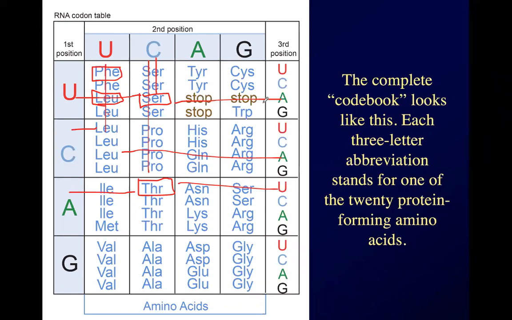And those, again, basically don't stand for an amino acid. They say, okay, stop putting amino acids together, end translation. And that's what we call the genetic code. There you've got that code book.